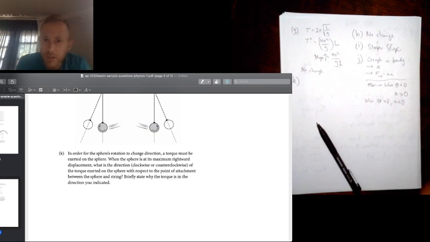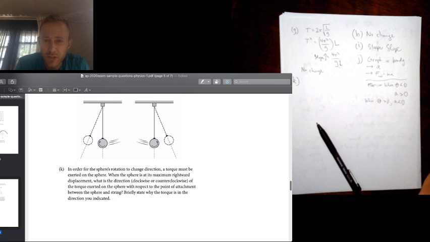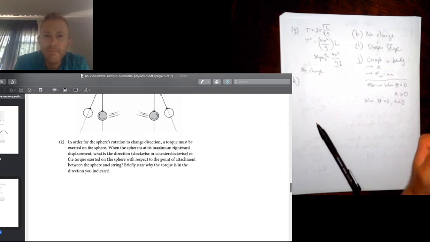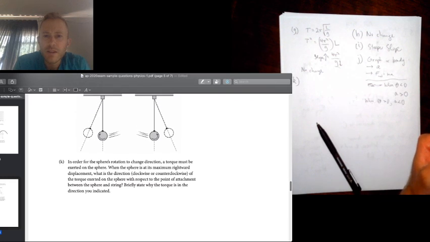Okay. So it's saying what is the direction of the torque on the sphere right here at this location. It's right at this location.